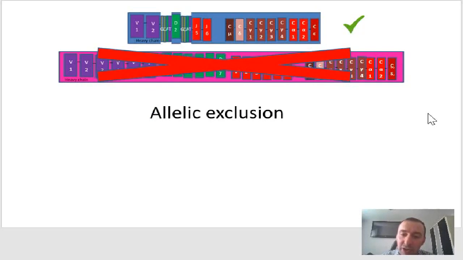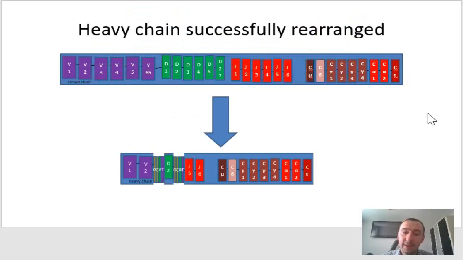In this scenario, we do not need two copies of the heavy chain. So the fact that the first rearrangement worked means we don't need the other copy. And when you switch off the other copy, that's called allelic exclusion. Okay? We're now good to proceed.